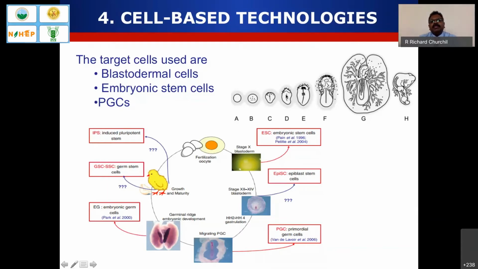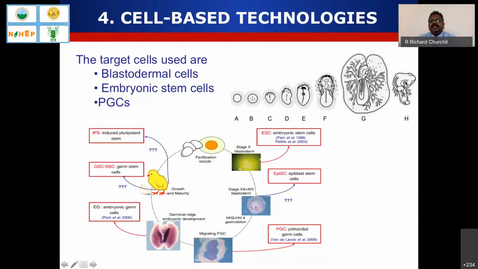So these are the primordial germ cells. These cells you can see. In the initial stage, they circulate in the blood. You can collect them from the blood of a donor embryo, and after some time, these cells will settle in the gonadal ridge, and form the gonad, either ovary or testis.